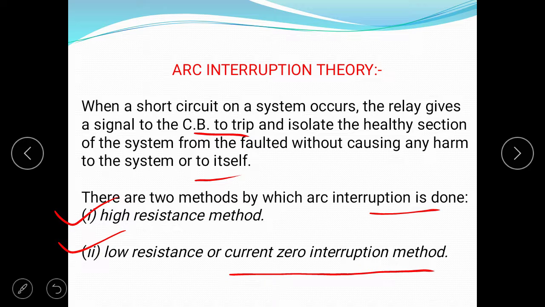Basic funda of high resistance method is we have to increase resistance between the contacts of the circuit breaker, and in low resistance method means there should be a low resistance between the contacts of circuit breaker, or circuit breaker should operate when there is a current zero position at the contact of the circuit breaker.